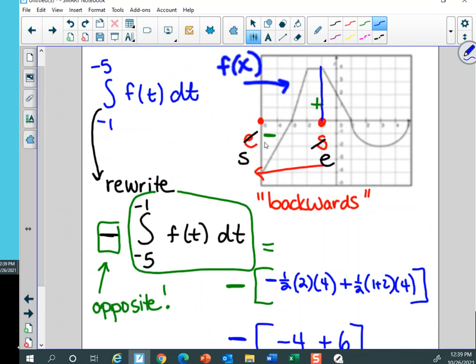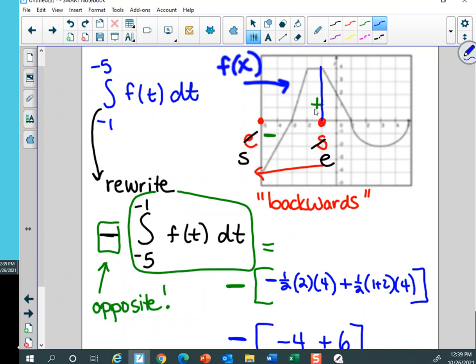This piece is bigger than this piece. This is 1, 2, 3 whole squares, and then 3 pieces. One of these pieces is almost a whole, so maybe 1, 2, 3, 4, almost 5. And then this is 1, 2, maybe 3 whole squares. There's definitely more area in the trapezoid than the triangle.